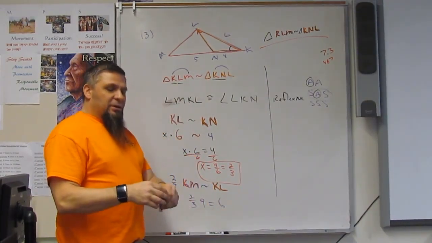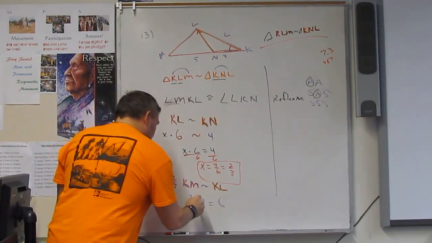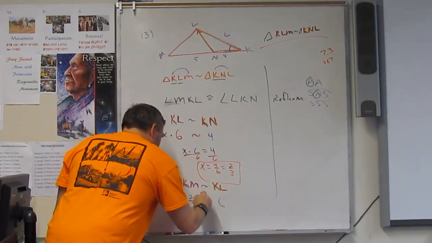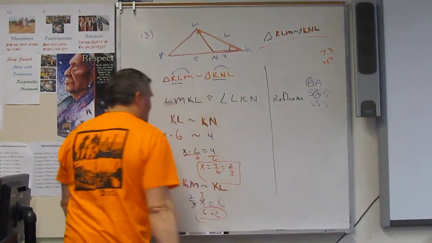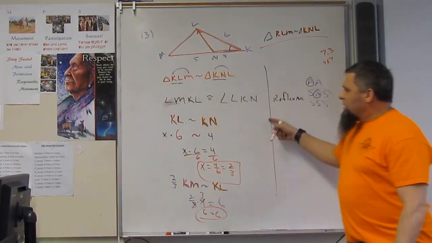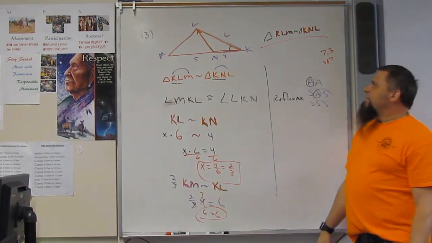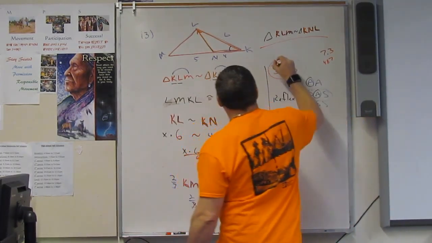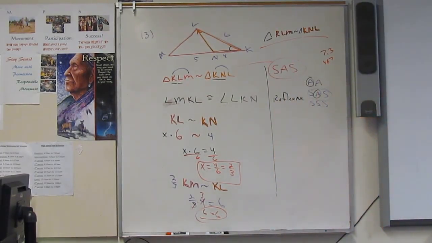So is 2/3 times 9 equal to 6? 3 goes into 9 3 times. 3 times 2 is 6. 6 equals 6. Yes, right? So that tells me that these two are symmetrical. Because they're symmetrical, we know that this is side angle side. It's a long proof. It's not easy.